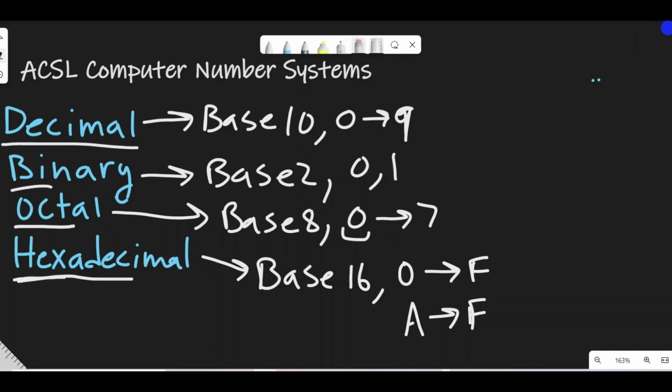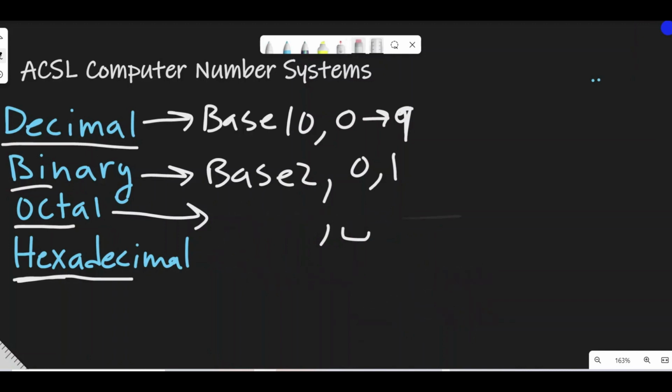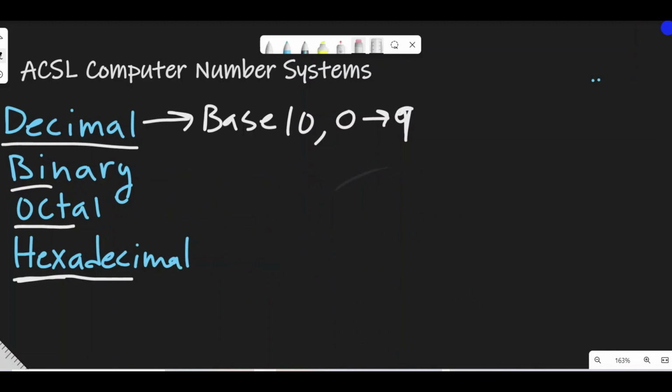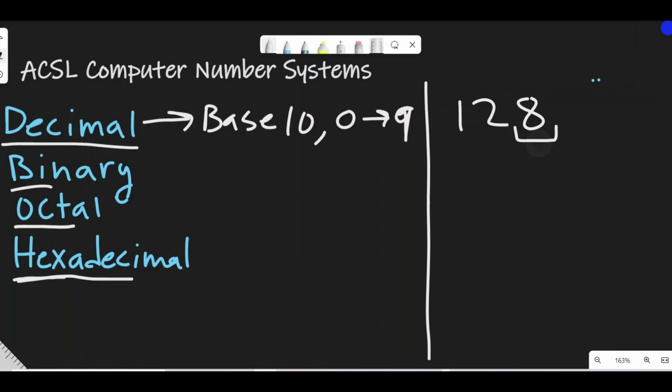Okay, so firstly, let's start off with how did we get to base systems anyway? So let's look at an example with the decimal system. If we take the example of the number 128, this number in decimal has three different place values, as we know from elementary school, we would split up each of these place values.